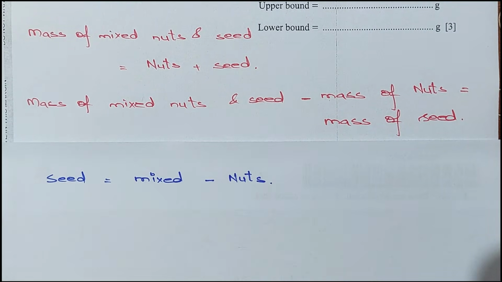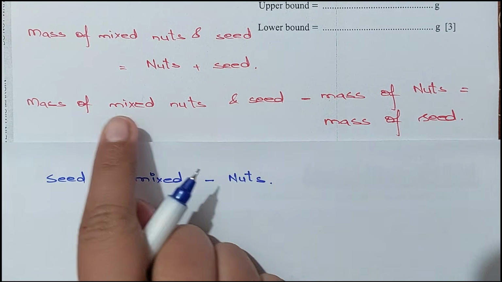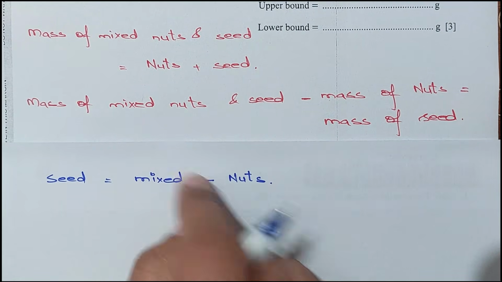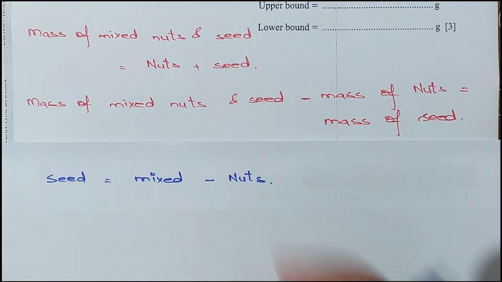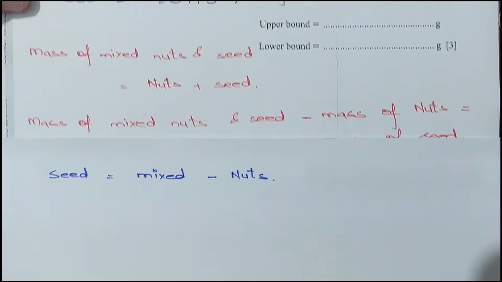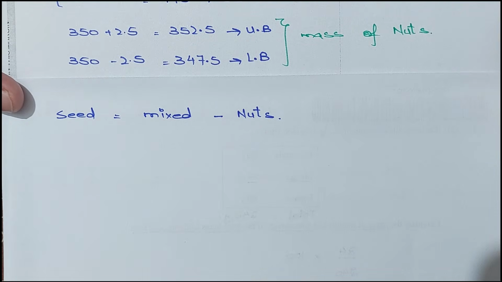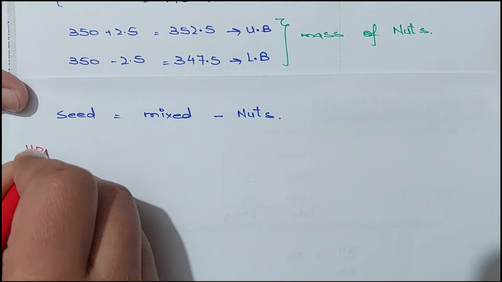This is the difference equation. The mass of seeds equals the mass of mixed nuts and seeds, minus the mass of nuts.